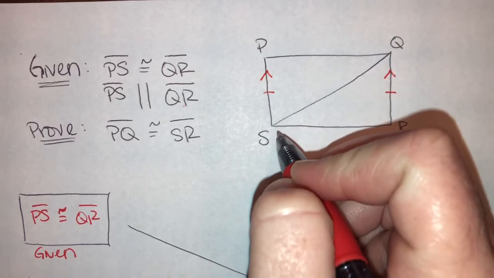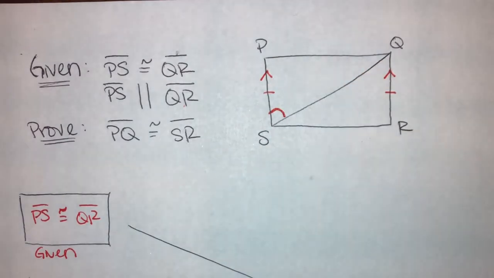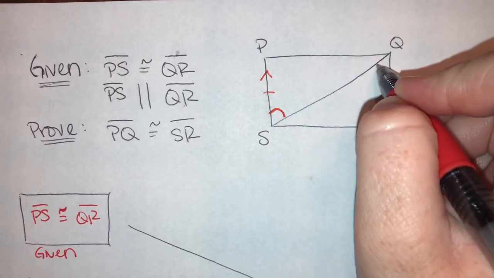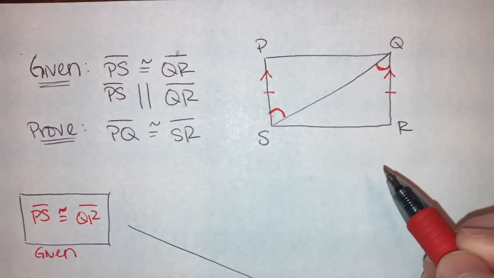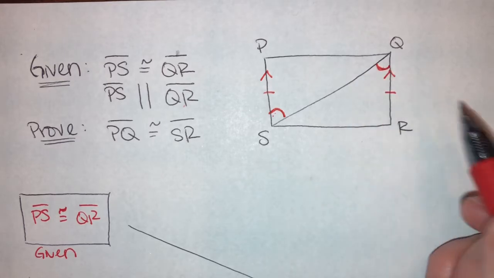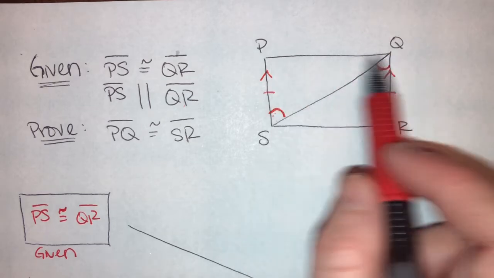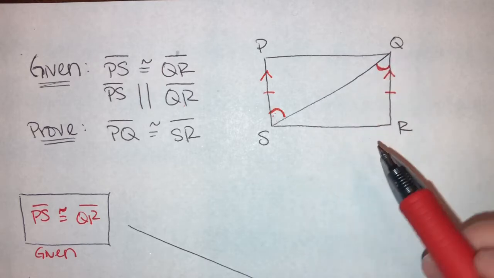Well, the measure between this line and this transversal is going to be the same as the measure between this parallel line and the same transversal. So I can say these two angles are congruent because of the alternate interior angle theorem. They're between two parallel lines, and they're on different sides of this transversal.